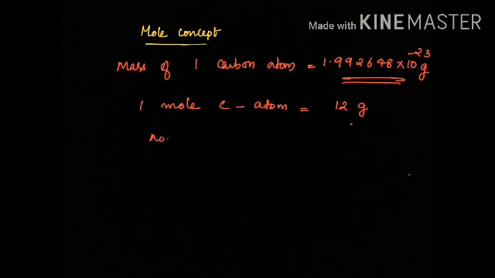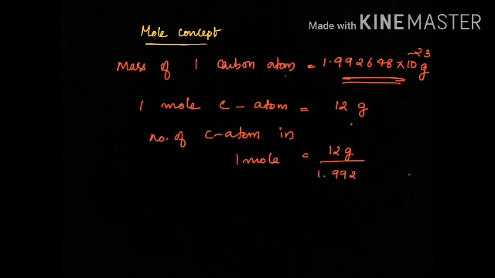So how can we find out the number of carbon atoms in 1 mole? The mass of one carbon atom is this much, and 1 mole carbon atom is 12 gram. So the number of carbon atoms in 1 mole is 12 gram divided by 1.992648 into 10 raised to minus 23 gram.